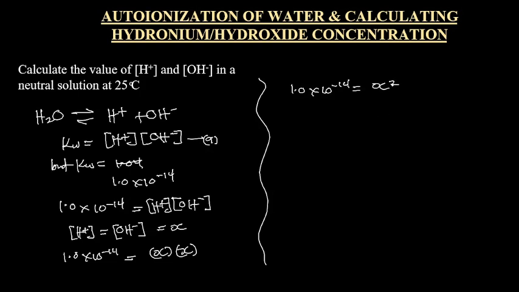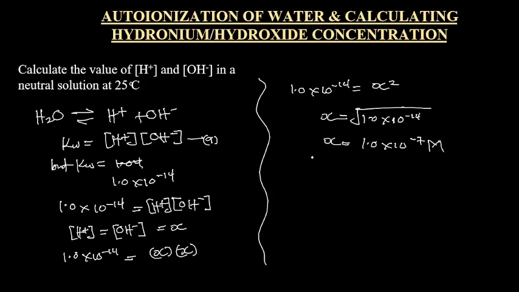So all we have to do is to take the square root of both sides, and our x will be equal to the square root of 1.0 times 10 exponent minus 14. Taking the square root of this, we'll have x equal to 1.0 times 10 exponent minus 7 molar.